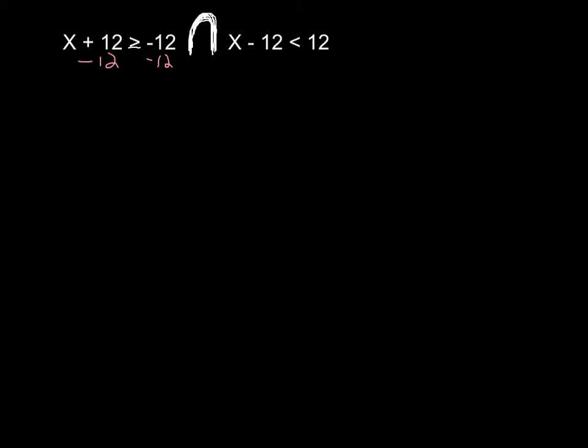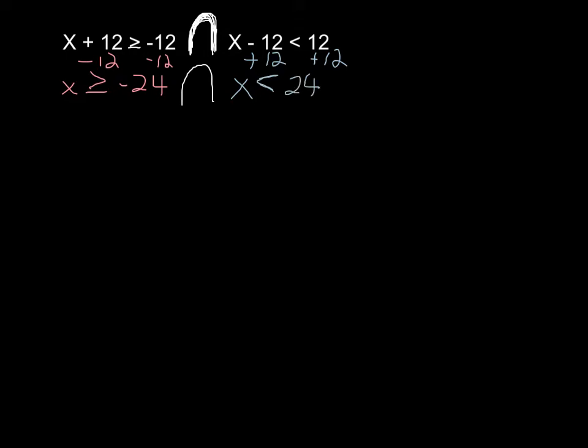So we end up with x is greater than or equal to negative 24. We don't subtract 12 on the right hand side while doing this. That's going to be its own problem. We put in our intersection. Now we attack the right hand side. We actually have to add 12 to both sides over here. So we end up with x is less than 24.